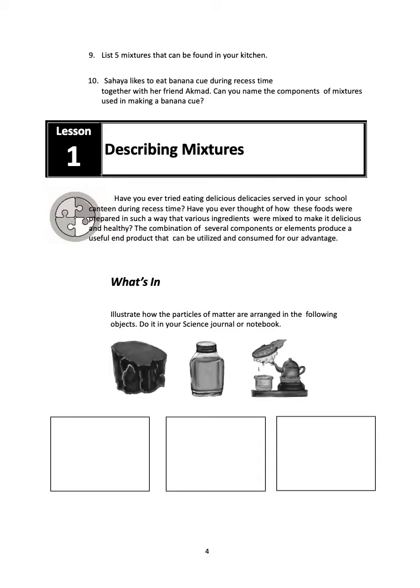Kapag solid, tawag dito, dikit na dikit sila. And then liquid, nagkakahiwalay-hiwalay ng konti. And gas, talagang hiwa-hiwalay na siya. Yun yung kailangan kong makita na drawing nyo dito sa 3 boxes below.